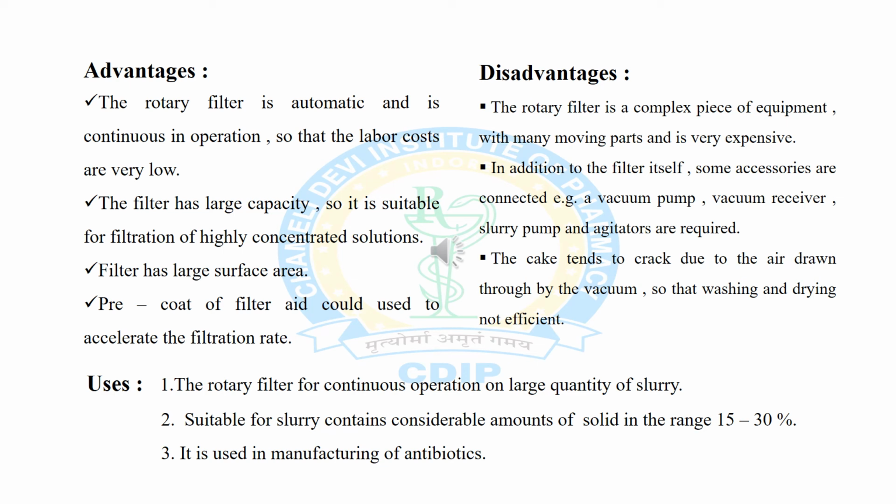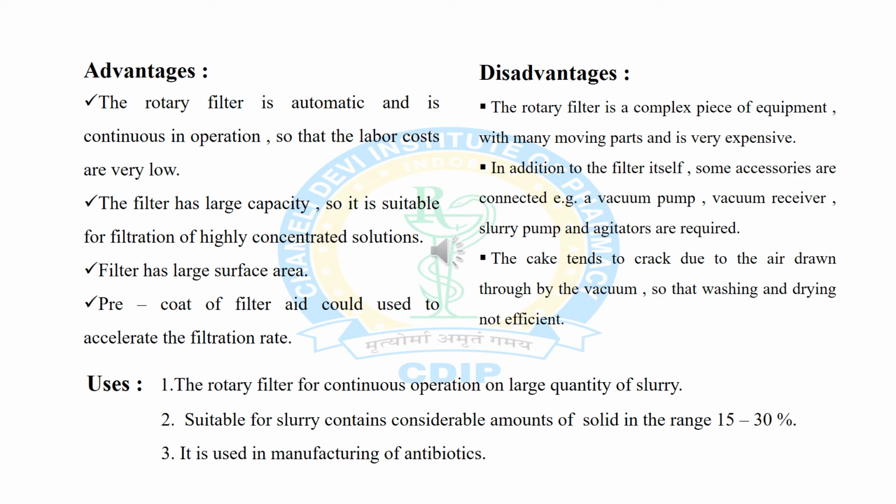The second advantage is that the filter has a large capacity, so it is suitable for filtration of highly concentrated solutions. The filter has a large surface area, and the next advantage is that the pre-coat of filter aid can be used to accelerate the filtration rate.